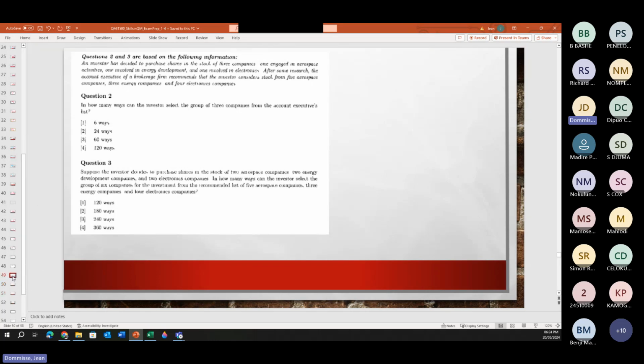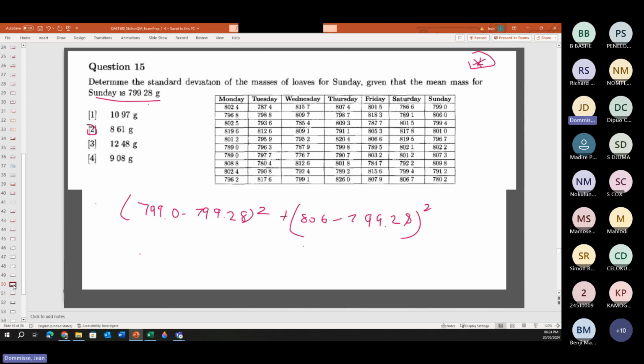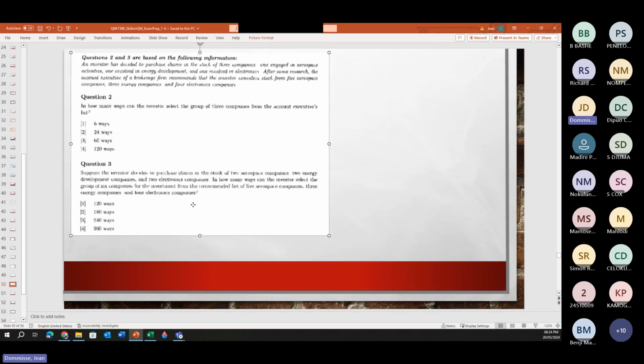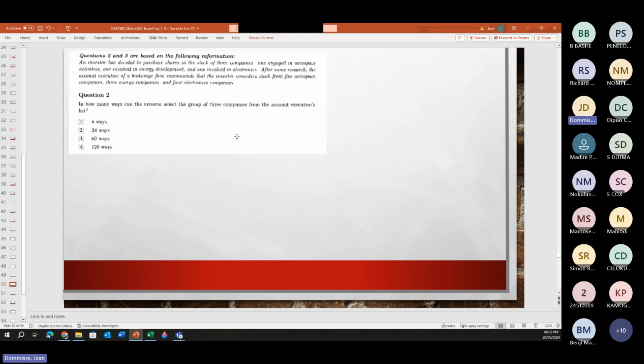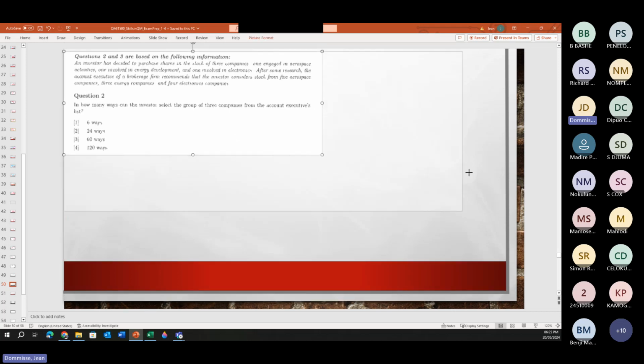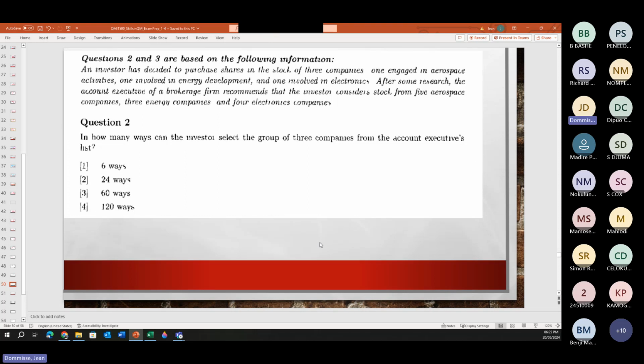Okay, so let's look at what this question was about. And again, it nearly follows on two questions. An investor has decided to purchase shares in a stock of three companies, one engaged in aerospace activities, one involved in energy development, and one involved in electronics.